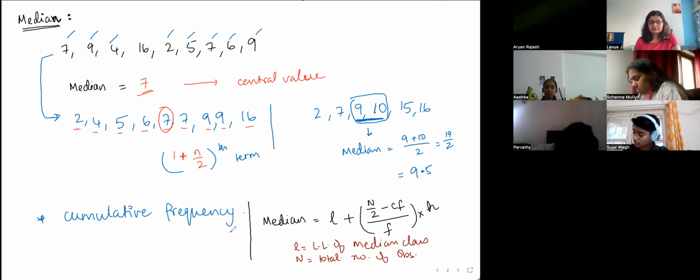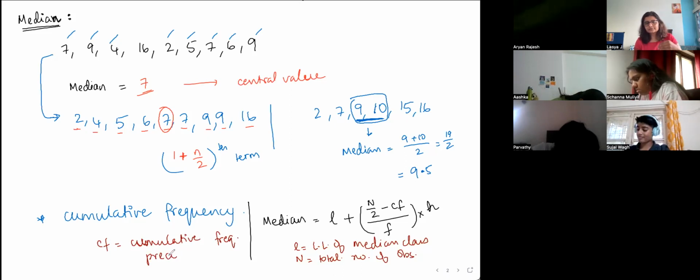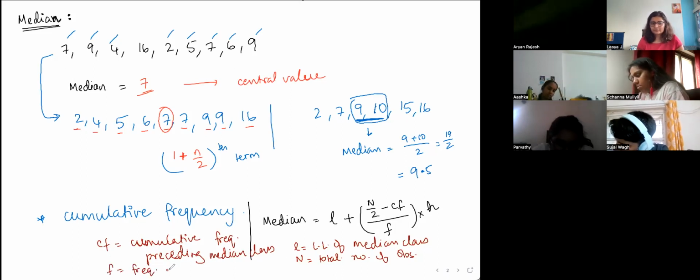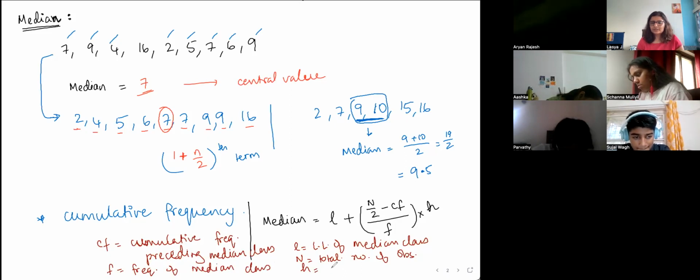CF equal to cumulative frequency preceding the median class. And F is frequency of the median class itself, and H same as the class size.